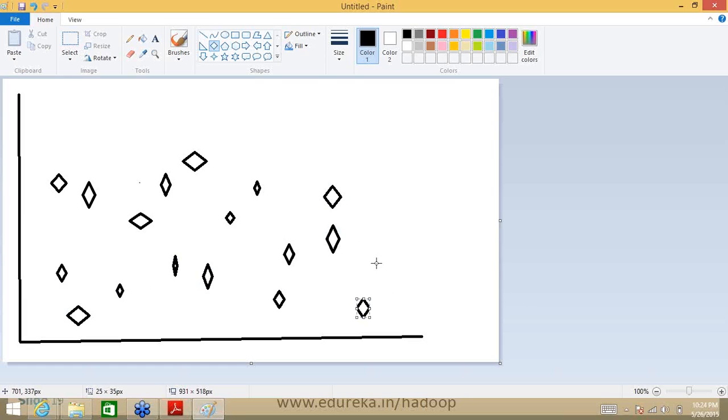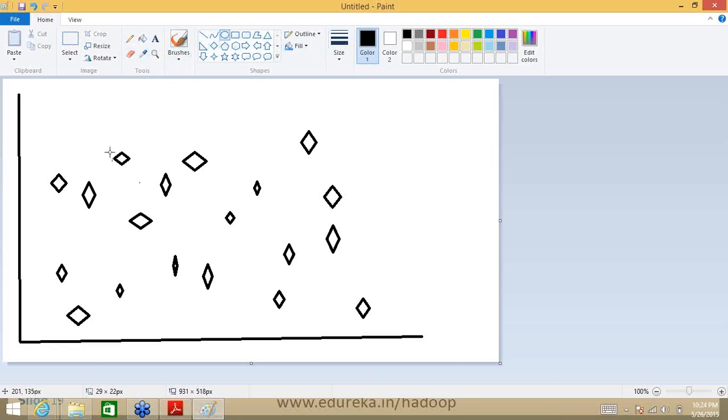The way it will work is, we have this x-axis and y-axis. Suppose you want to form three clusters. The first thing is it will pick three random points.